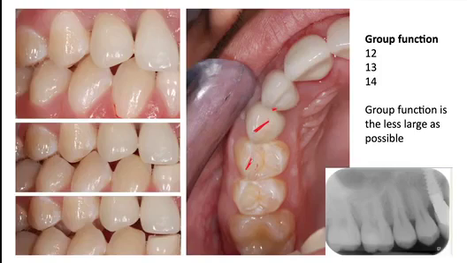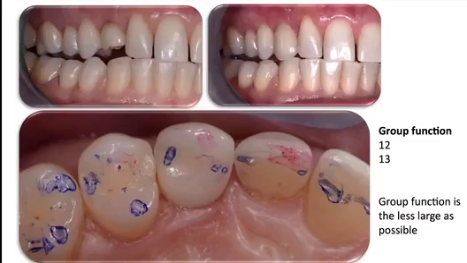The group function will be as limited as possible. It is group function on the lateral incisors and canine. Of course, you have participation of the implant to the natural ICP of the patient.